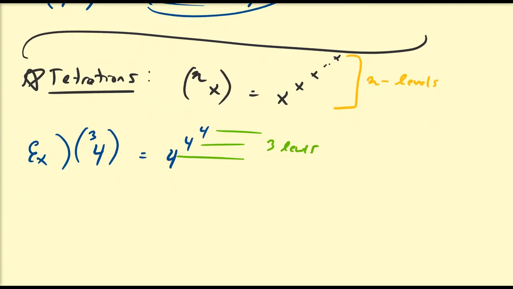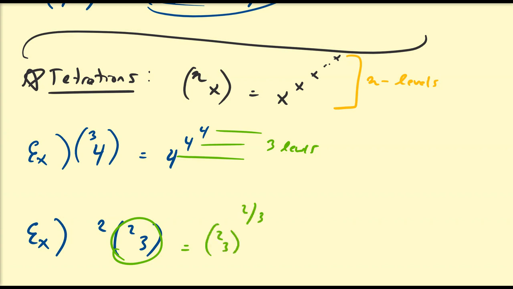Another example, suppose we have the second tetration of the second tetration of 3. That means we are tetrating the tetration 2 of 3 two times. So what is 2 tetration 3?